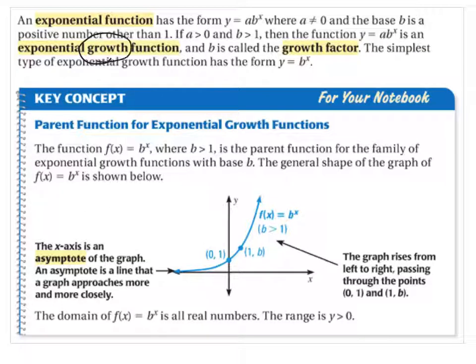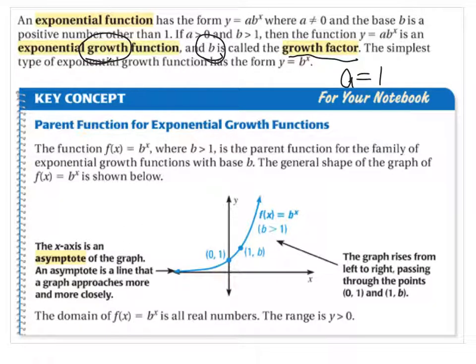This means that it's growing. It's getting bigger. That's an exponential growth function, and b is called your growth factor. The simplest type of exponential growth function has the form y equals b to the x, where a would be equal to 1, and we just ignore it.